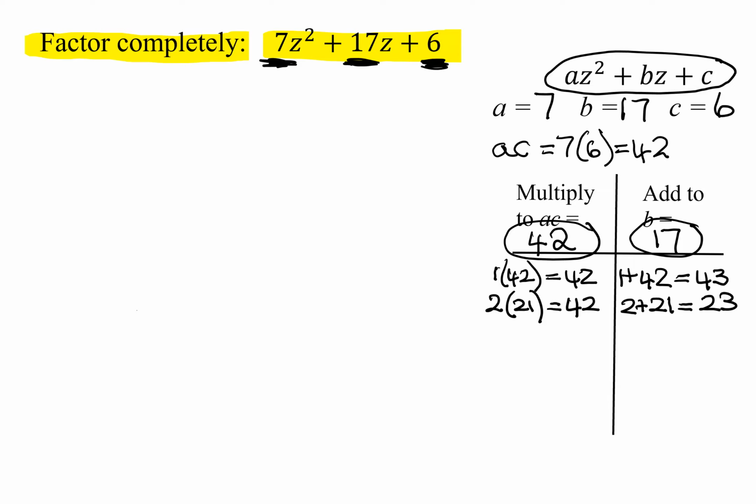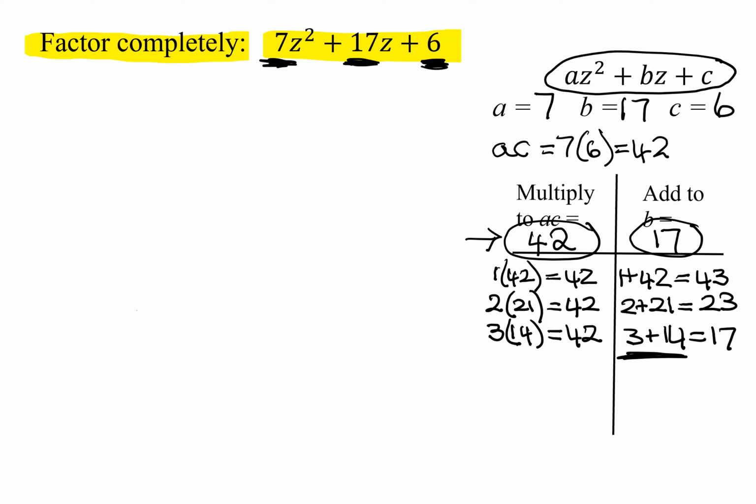Remember, the shortcut for deciding if a number is divisible by 3 is add the digits up. 4 plus 2 is 6. 6 is divisible by 3, therefore 42 is divisible by 3. So 3 divides into there 14 times. So 3 times 14 is 42. And 3 plus 14 is 17. That's the number I'm looking for.